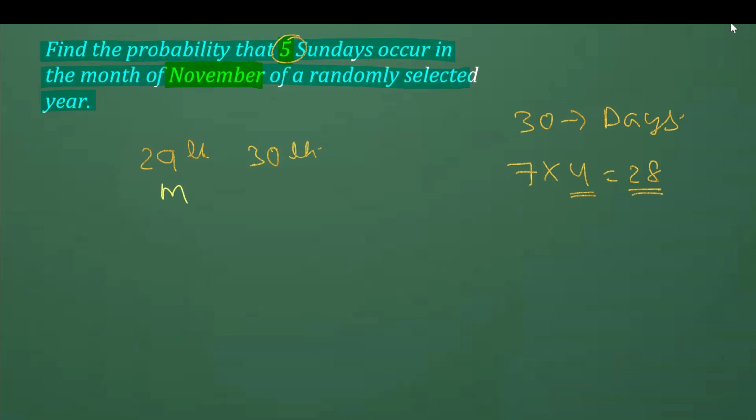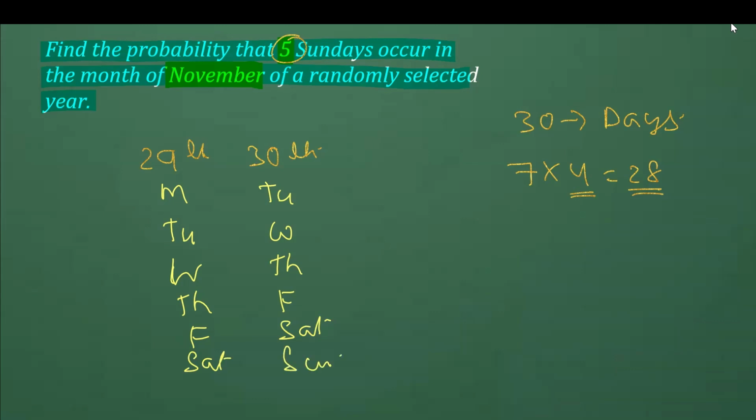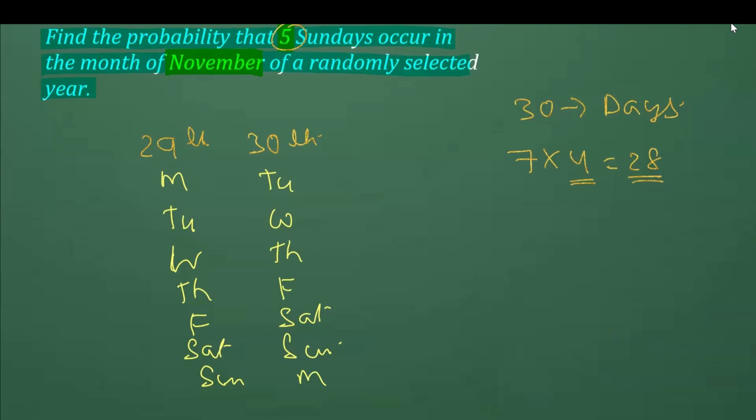It can be Monday, Tuesday; Tuesday, Wednesday; Wednesday, Thursday; Thursday, Friday; Friday, Saturday; Saturday, Sunday; and then Sunday, Monday. We stop here because we started with Monday. Out of this, 1, 2, 3, 4, 5, 6, 7, there are 7 such pairs possible.